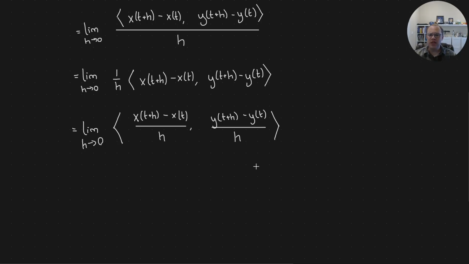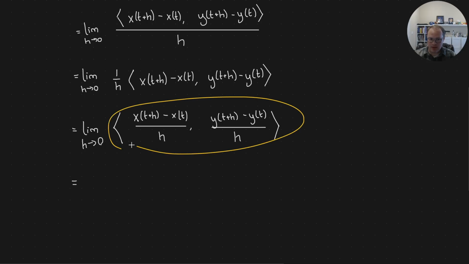We're almost done. There's one other thing we could do. Remember, the limit of a vector-valued function only exists if the limit of each of its components exists. So I can move this limit in, and instead of taking the limit of the vector-valued function as a whole, I can take the limit of each component.